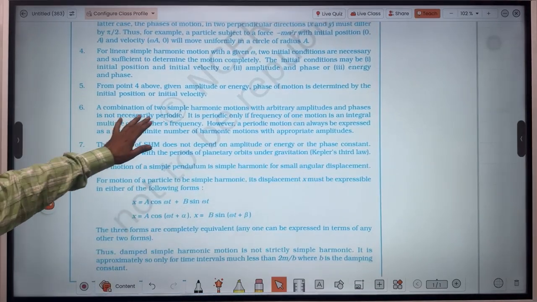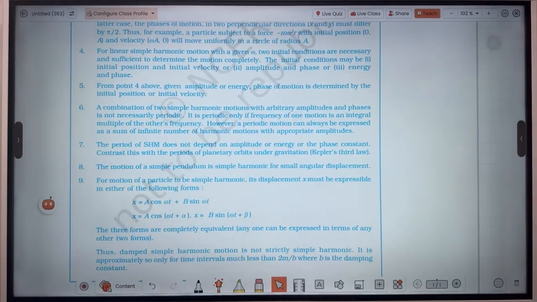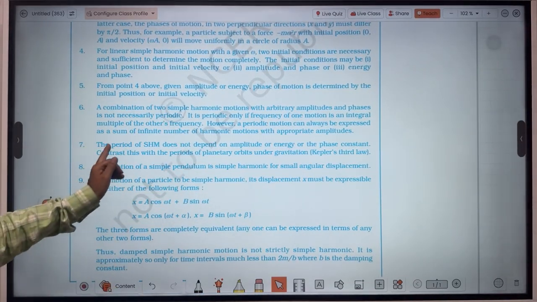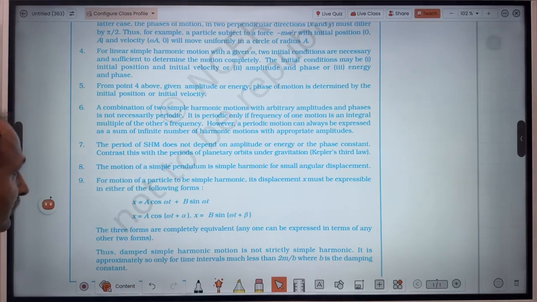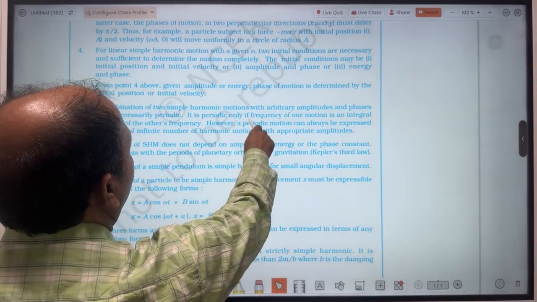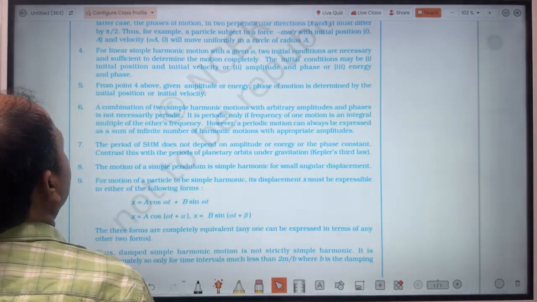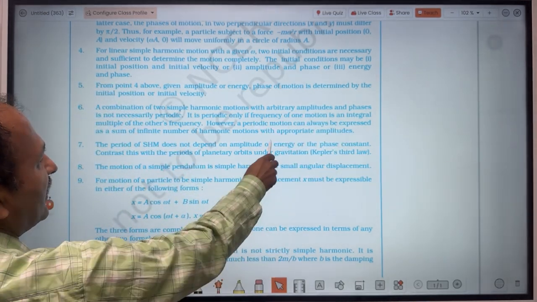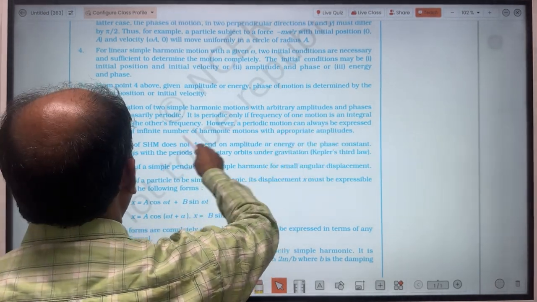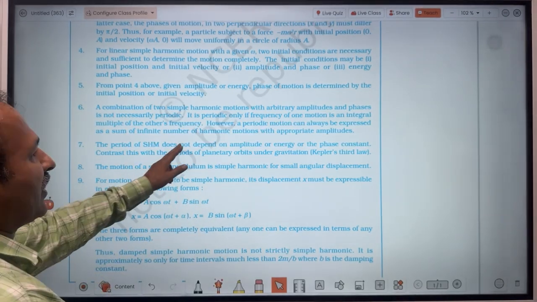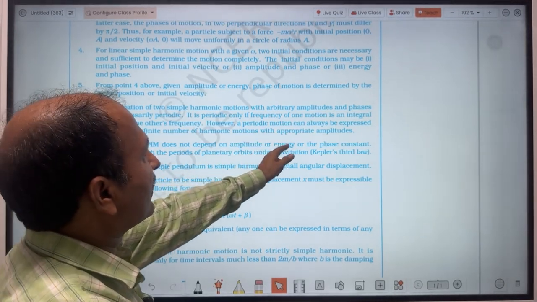And then a combination of two simple harmonic motions with arbitrary amplitudes and phases is not necessarily periodic. It is periodic only if the frequency of one motion is an integral multiple of the other's frequency. However, a periodic motion can always be expressed as a sum of an infinite number of harmonic motions with appropriate amplitudes.